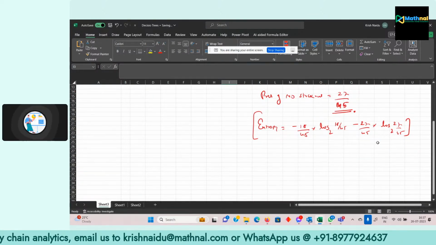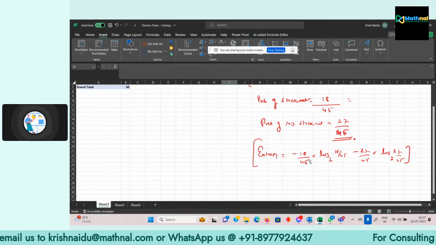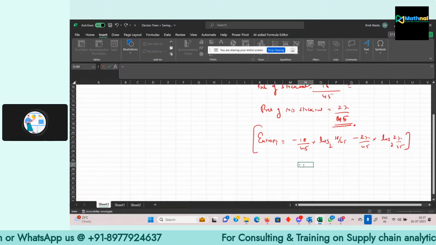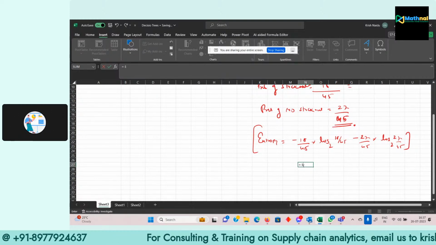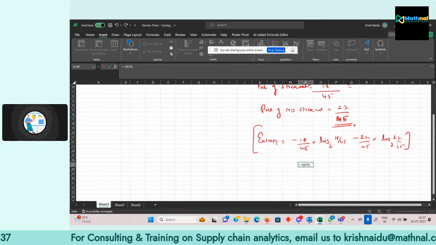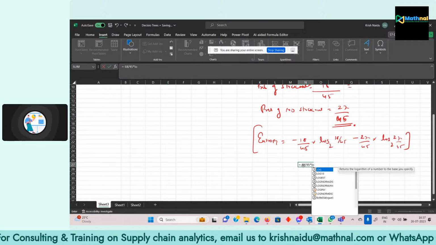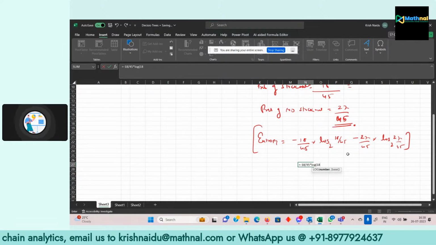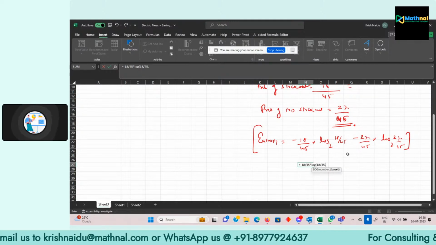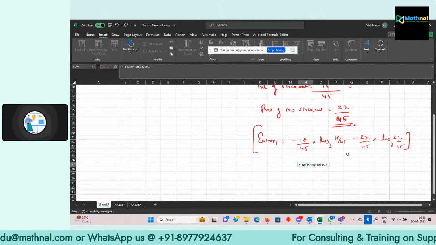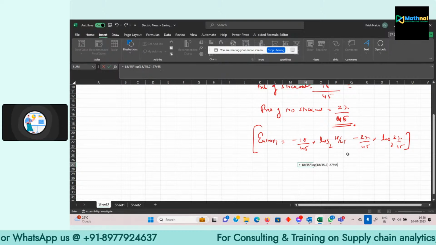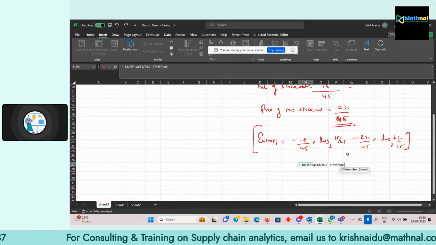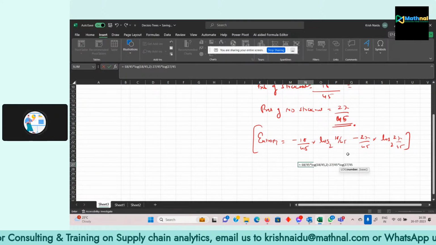Now, if I use this formula of entropy of the outcome, this is minus 18 divided by 45 into log to the base 2. So I'll take the formula of log. The number is 18 by 45, and the base is 2. Same thing I'll do here: minus 27 by 45 into log of 27 by 45 to the base 2.